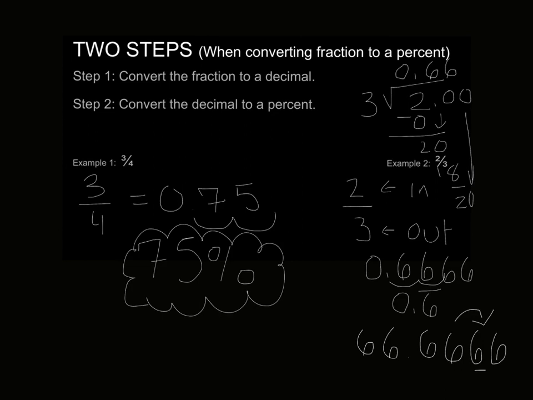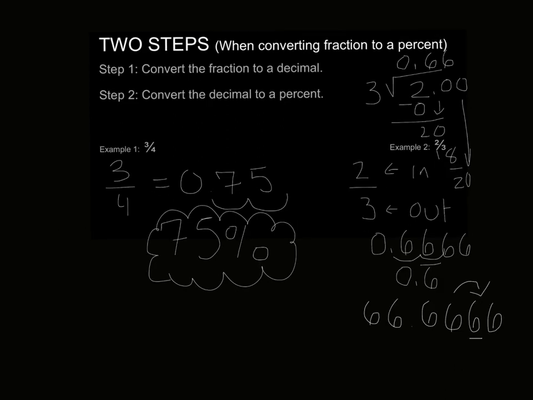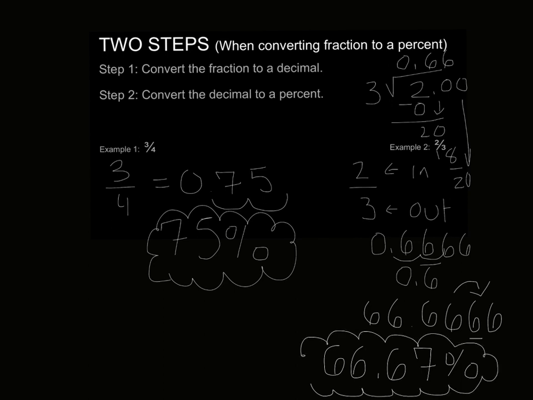Our answer for this one would be 66.67%. I wanted to show you that one in case you do have a problem with a repeating decimal, what you would do for that one.